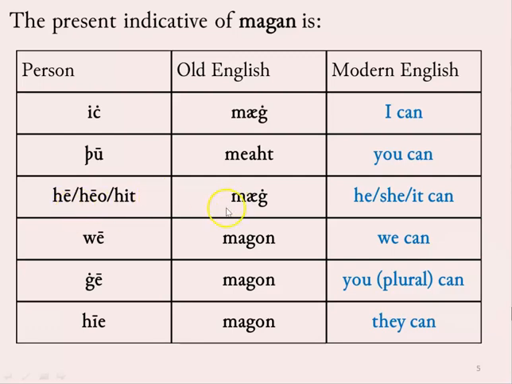He, heo, hit, may, he, she, it can. We machen, we can, plural. Ye machen, you, plural, so two or more of you, can. Here machen, they can.